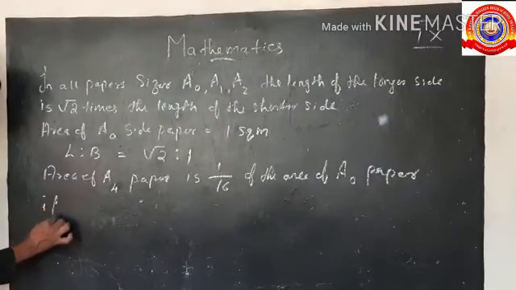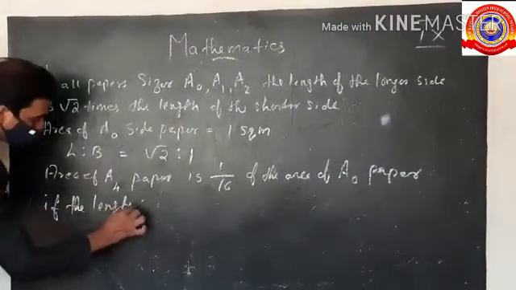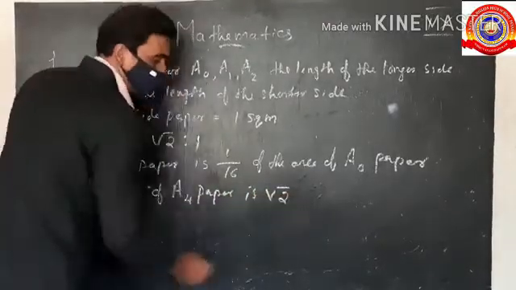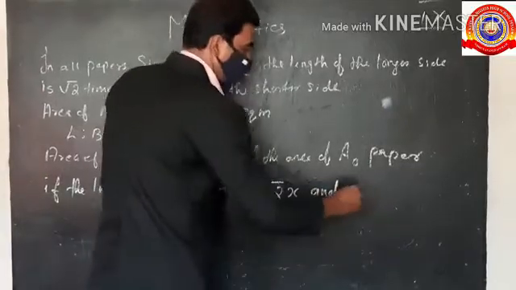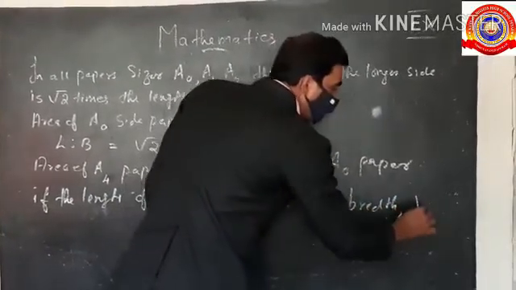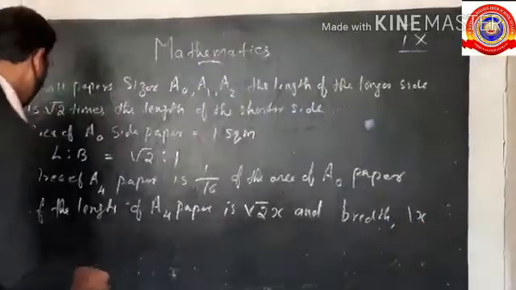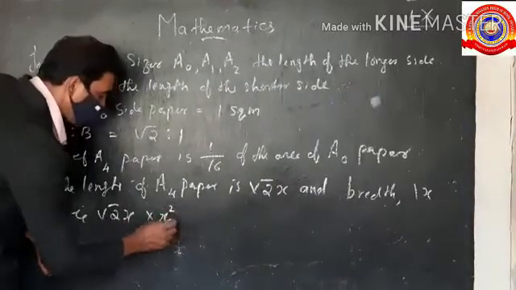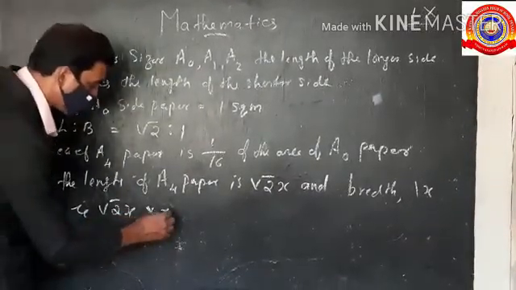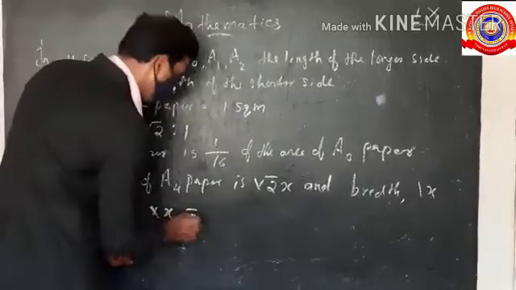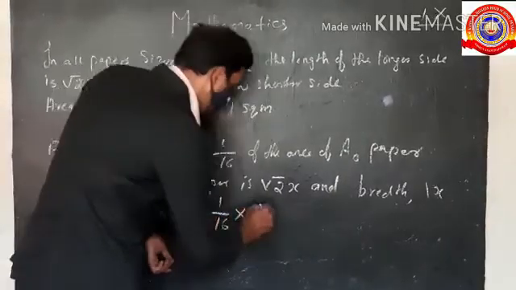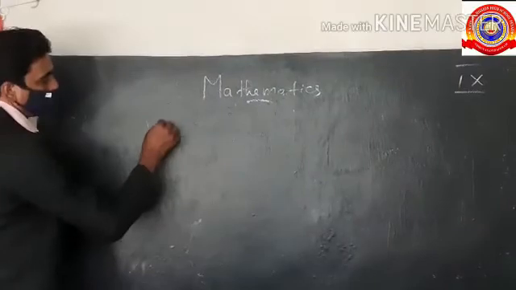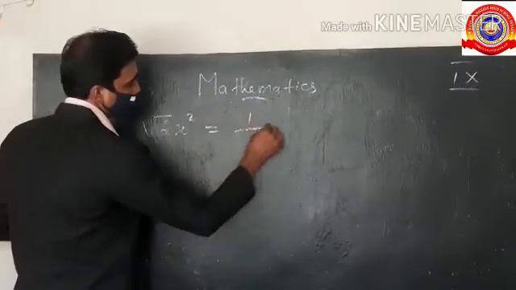If the length of A4 size paper is √2x and breadth 1x, that is √2x into x is equal to 1 by 16 into 1 square meter. So √2x square is equal to 1 by 16.